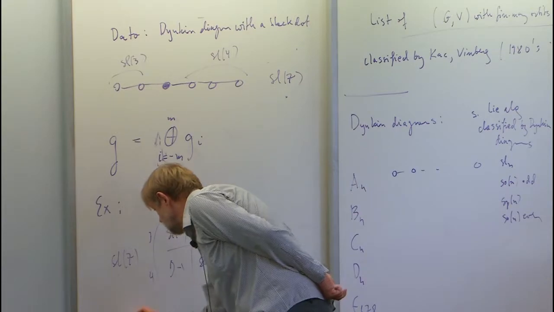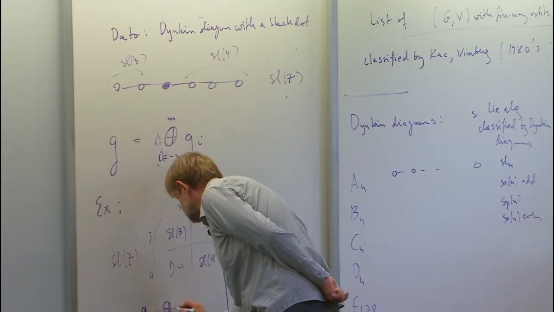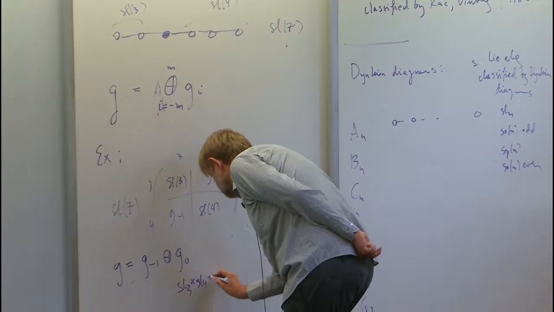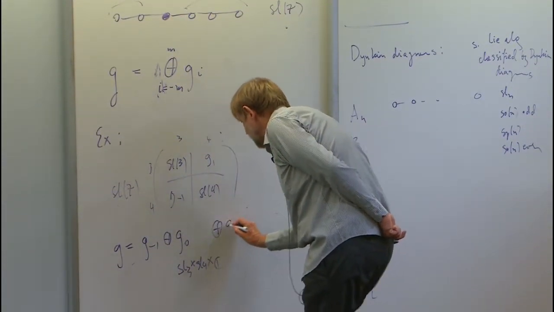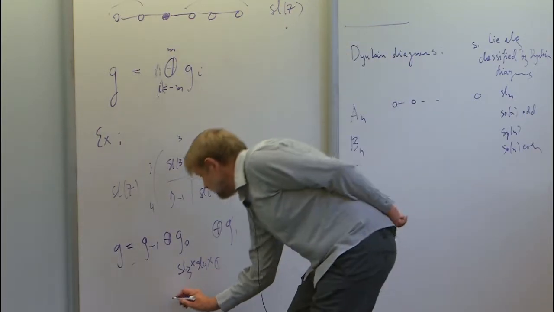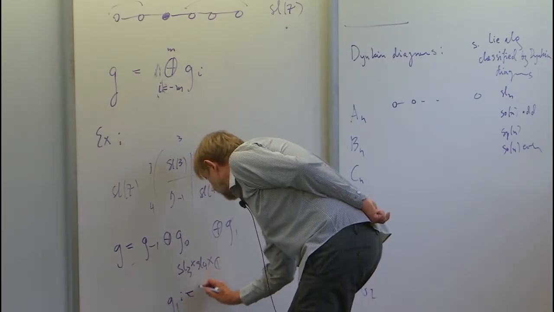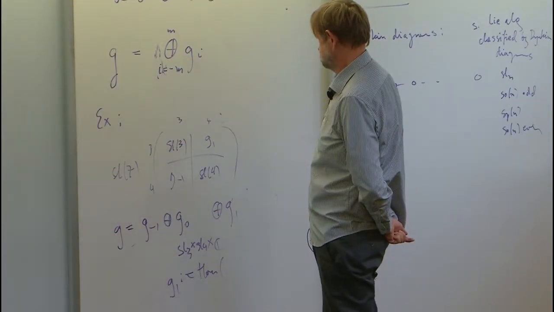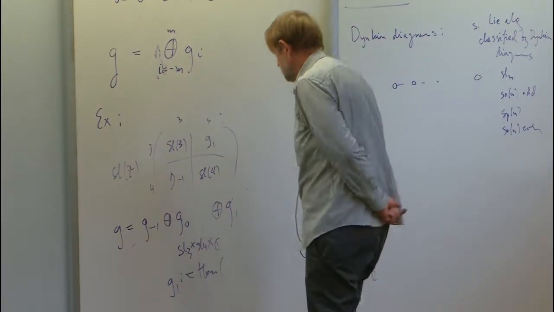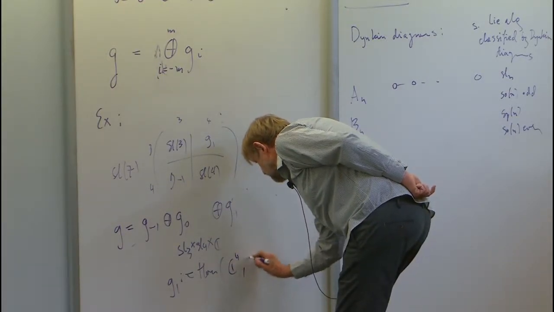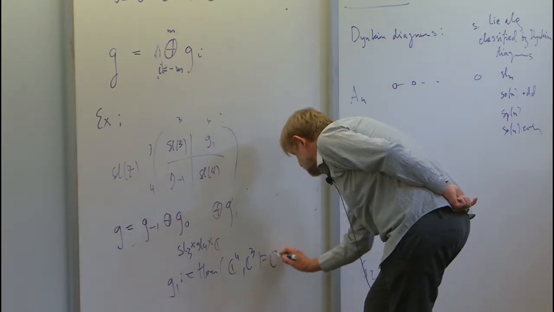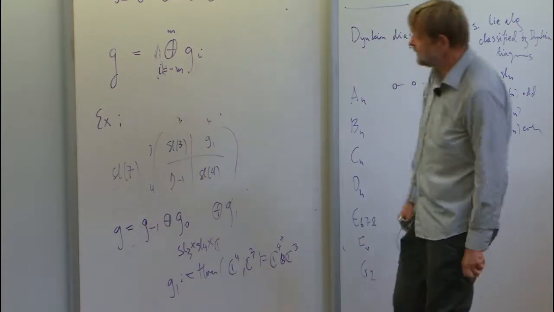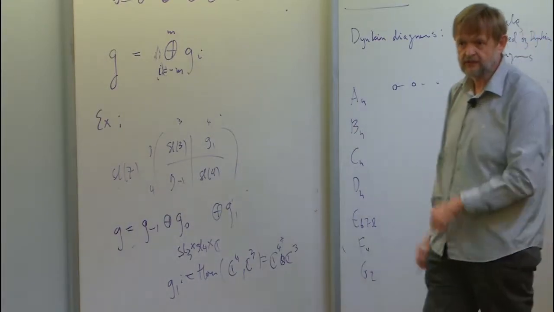So G equals G minus 1 plus G0, which will be SL3 cross SL4 cross C, plus G1. And this G1 will be Hom from C4 to C3. I reversed the blocks probably, so maybe it's C4 star tensor C3. Anyway, you get gradings that are more complicated for more complicated algebras.